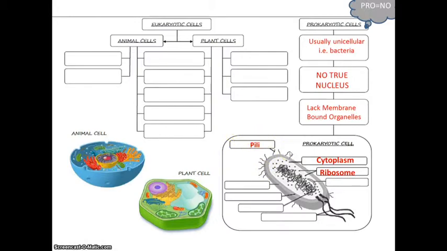We have a plasmid. That's more genetic information, more DNA, small and circular. We have flagella. That's how these guys can move. They don't have legs, but they have flagella. We have DNA. This is all that coiled up, wound up stuff in the middle, responsible for so many different things.